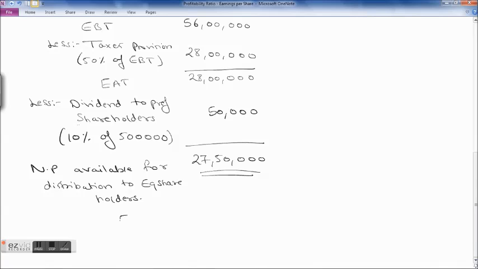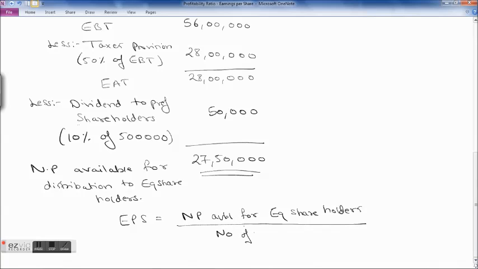Now we will calculate earning per share. That is net profit available for equity shareholders divided by the number of equity shares.